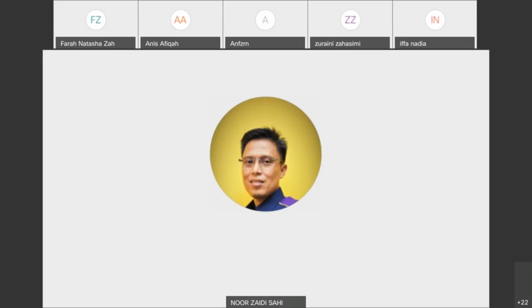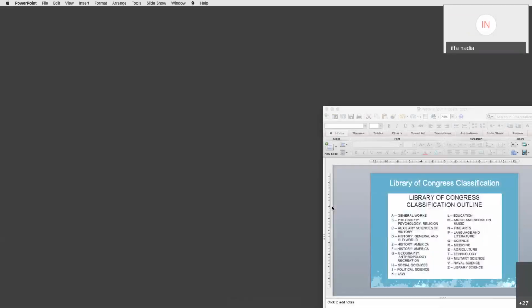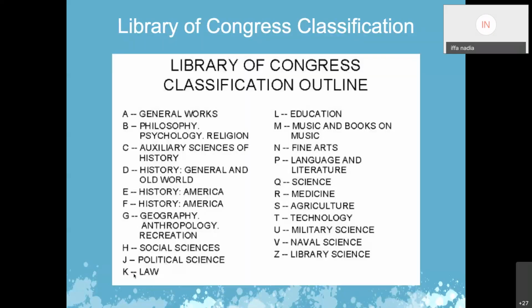Okay, so yang you tengok dalam classification, sekejap saya share. Okay, slide yang ini kan? Betul kan ni? Classification outline. Okay. So, kita akan kenal pasti melalui LCC.